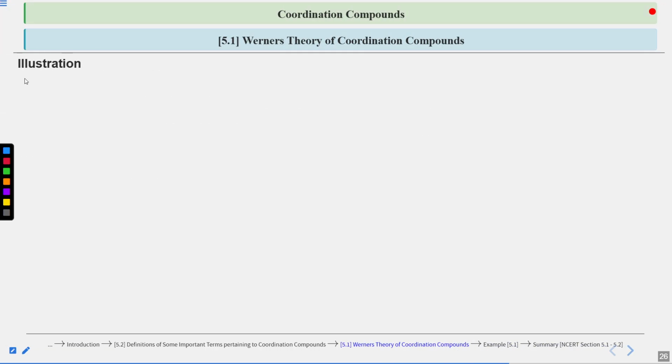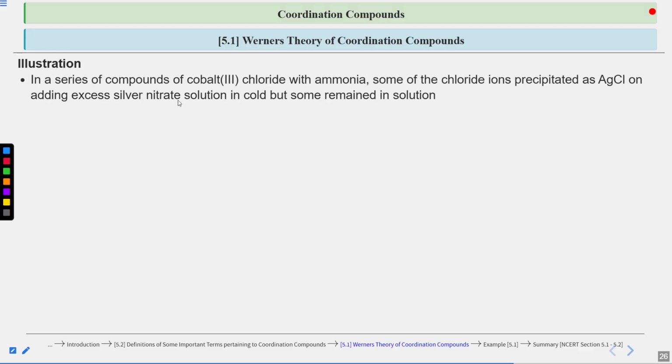Let's see the illustration. In a series of compounds of cobalt +3 chloride, this +3 is in Roman numerals, which means it shows the oxidation state of cobalt.